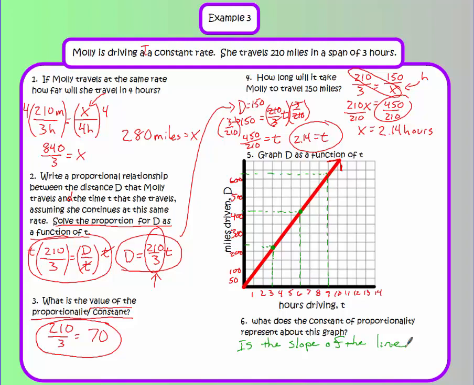It is also the rate of change. It is how the y's change as the x's change. So this proportionality constant is the slope. Whenever we set up a proportion like this one up here, what we're really doing is finding the slope.